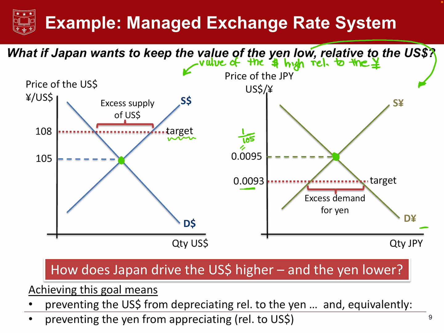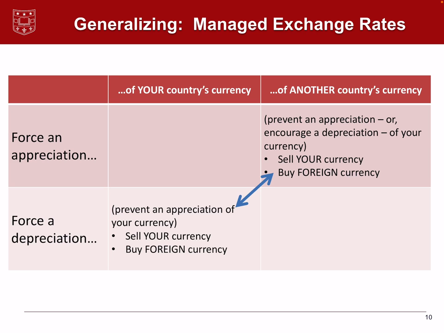So, in other words, prevent its movement from 108 to 105 and prevent the yen from appreciating. So, how do you prevent a decline in the price? Again, you need to make this good relatively scarce.